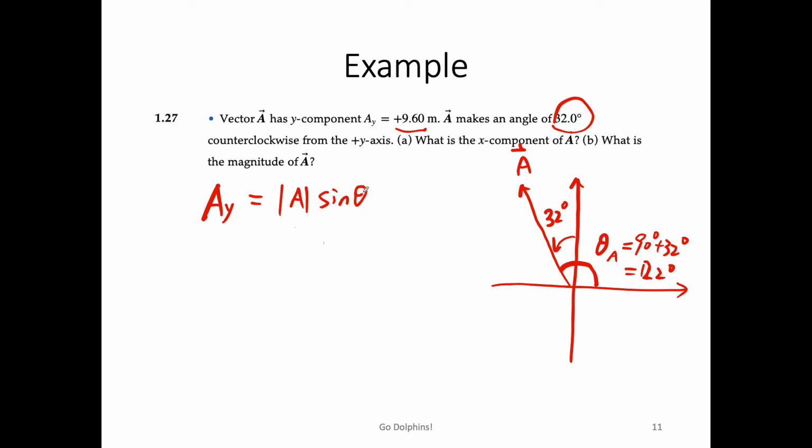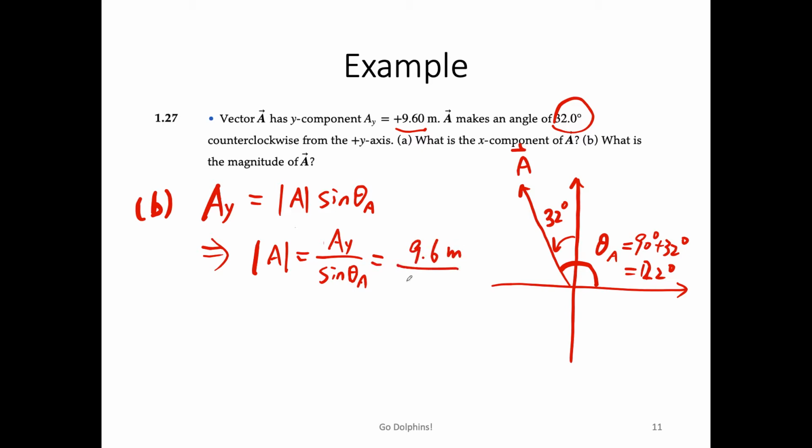Okay, good. And then we know Ay is A sine theta. And theta, we just found out, is 122 degrees. So we can calculate the magnitude of vector A. A is Ay divided by sine theta A, and Ay is 9.6 meters over sine 122 degrees.